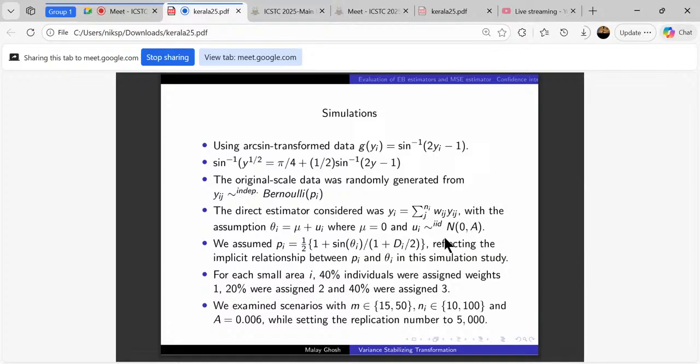In this simulation study, I think we used sine inverse of 2p_i minus 1. 40% of individuals were assigned weight 1, 20% were assigned 2, and 40% were assigned 3. Scenarios had m either 15 or 50, and n_i is 10 or 100. So even if m is 50, one of the areas exceeds the others by twice that amount. Some of the areas have A equal to 0.006, setting the replication number as 5. Slide, please.